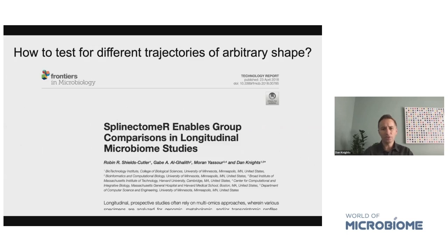Now, I'm going to shift gears a little bit and talk about a more general tool that was developed in my lab by Robin Shields Cutler, who was a postdoc in my lab at the time and is now tenure track faculty at Macalester. And this is a tool called SplinectomeR, and it's used for testing for differences between groups, and specifically in longitudinal data.